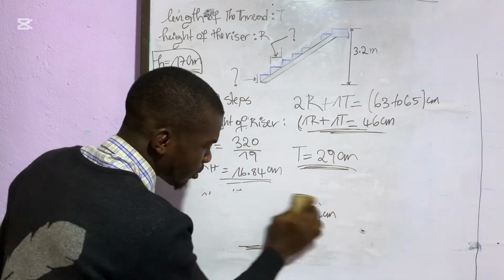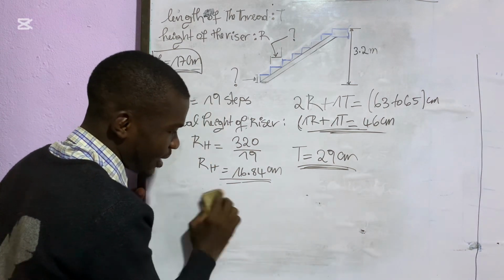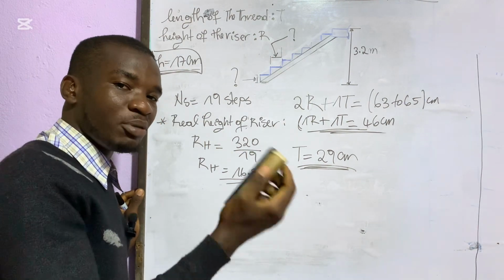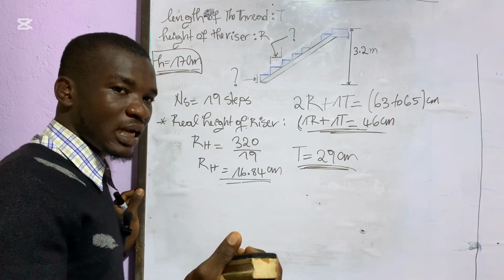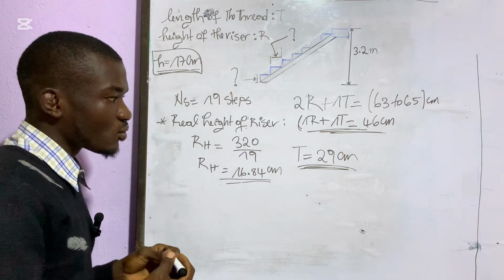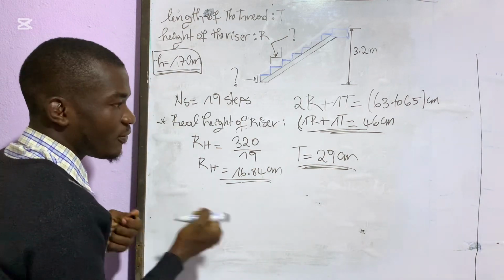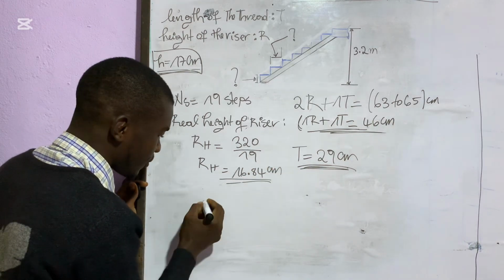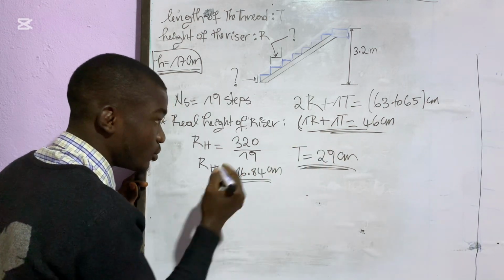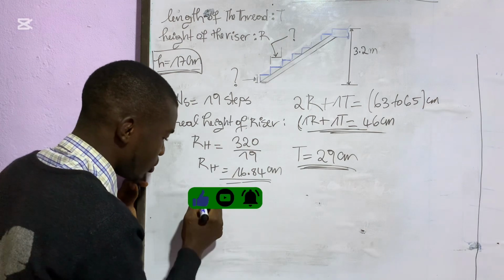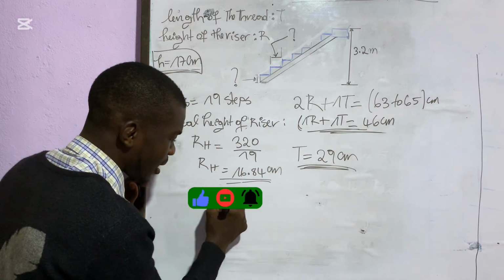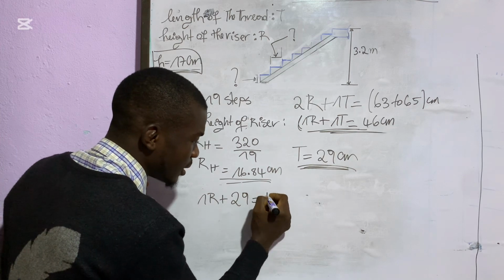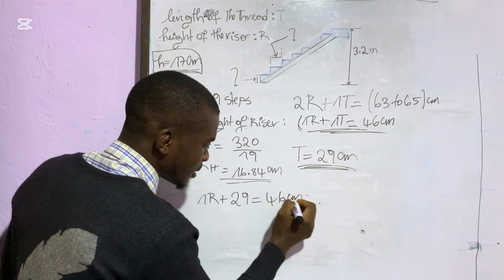So now what of the height of the riser, this 16.884? Now we have to find also its applicable value, the value that can actually be used on site. So assuming now that we have our tray of 29, we substitute it again back in the Blondel formula. So one riser plus our now 29 centimeter as tray should be equal to 46 centimeter.